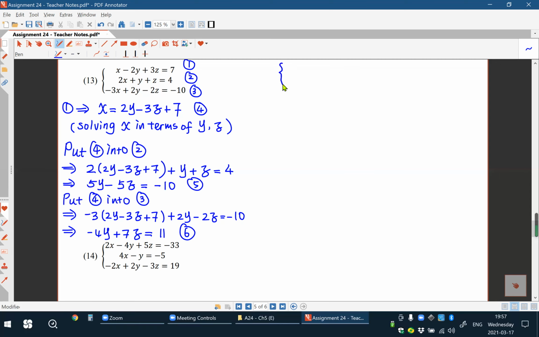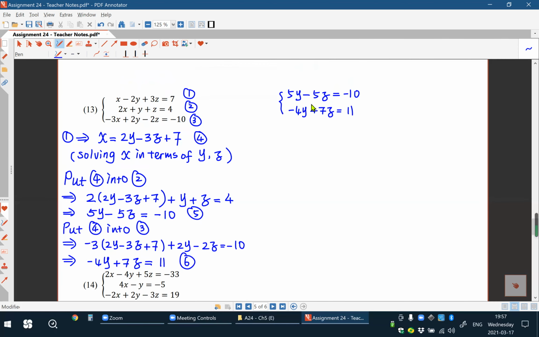Actually, the system becomes 5y minus 5z equals 10, and minus 5y plus 7z equals 11. The original system becomes the new system here, and this is actually equivalent to the original system.